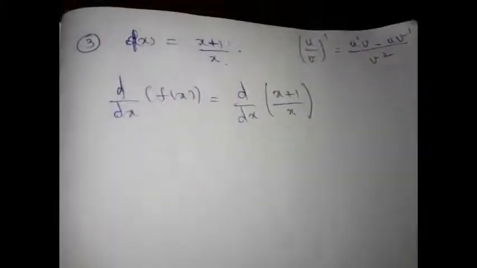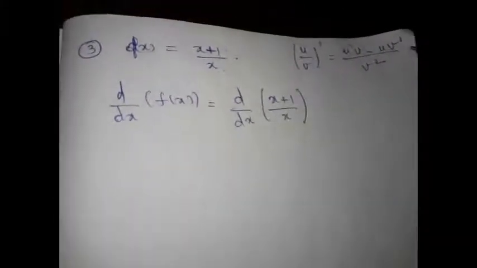We are going to go with u by v rule, quotient rule. What is u by v rule? U dash v minus u v dash divided by v square.